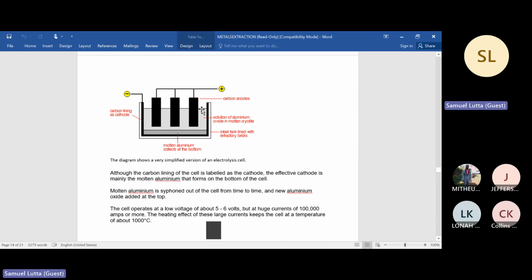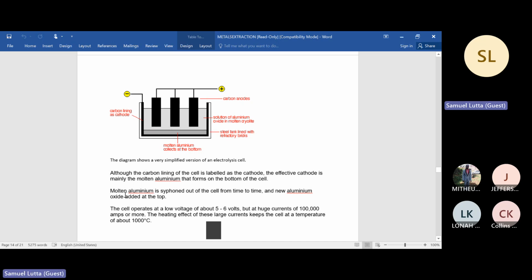The carbon is the anode, and then the cathode is the surface coated. Although the lining is not labeled as cathode, the effective cathode is mainly the aluminum that forms at the bottom of the cell.